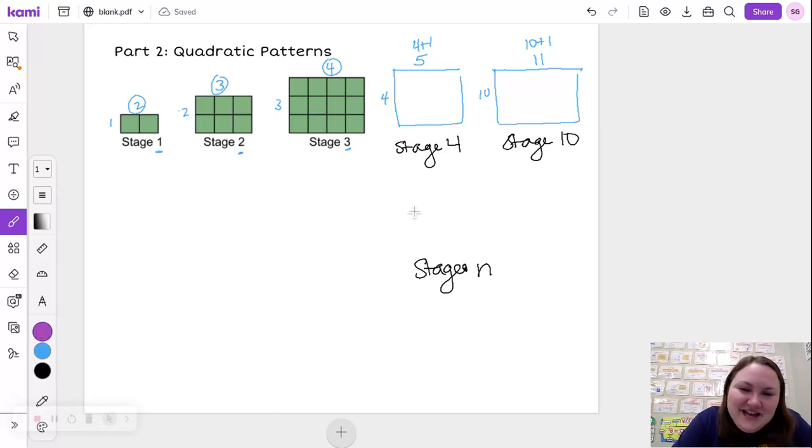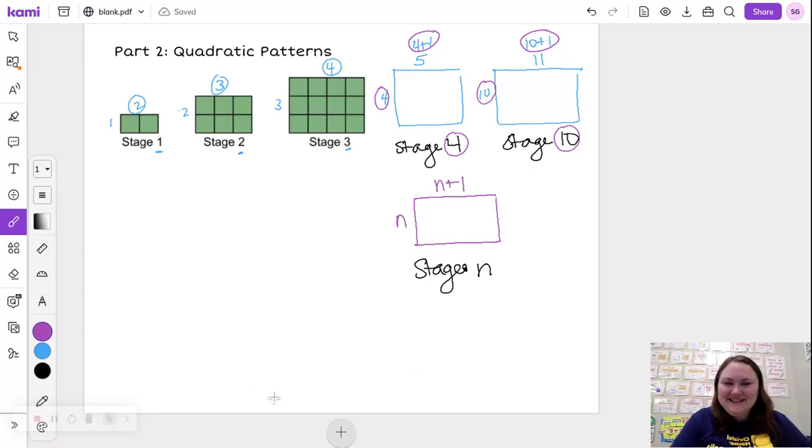Well, for stage n, we keep saying the height is the same as that number. So the height of this rectangle would be n tall. And then the length, we keep saying it's one more than our stage number. So our length here would be n plus 1. So we would have a rectangle like this.